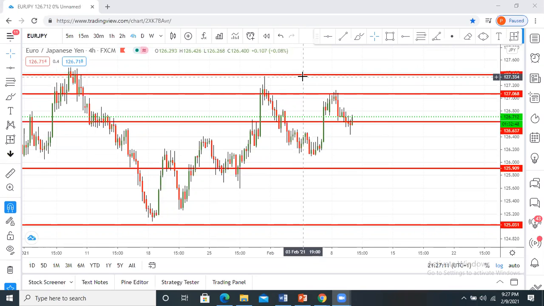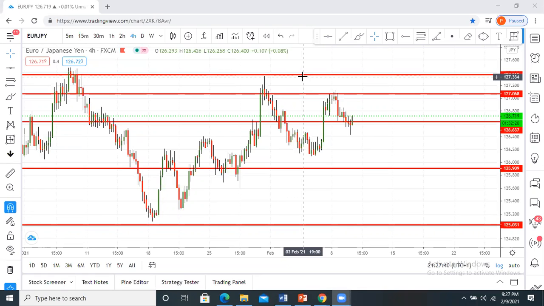Don't use your Fibonacci tool if the market is not going up or down, as in an uptrend or a downtrend. You want to take note of that. Write it somewhere in your mind that before you plug in your Fibonacci as a Fibonacci trader, the market should be showing you that this is an uptrend or a downtrend.